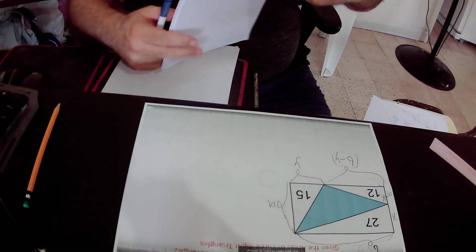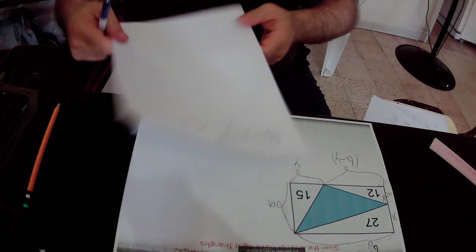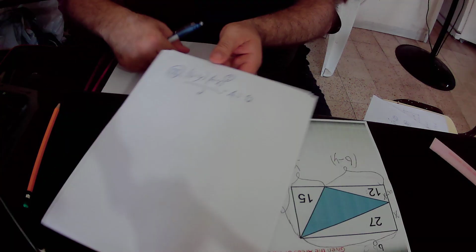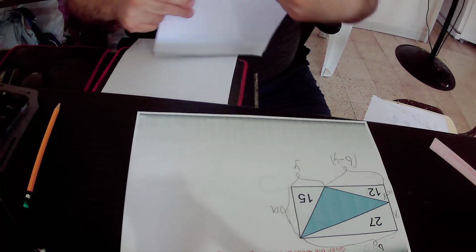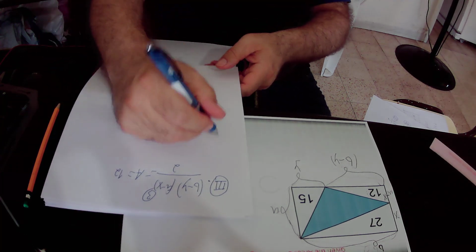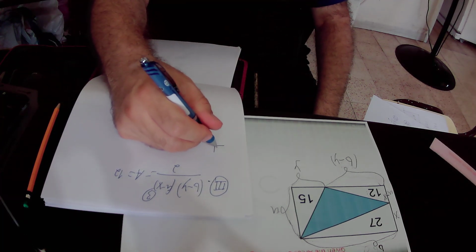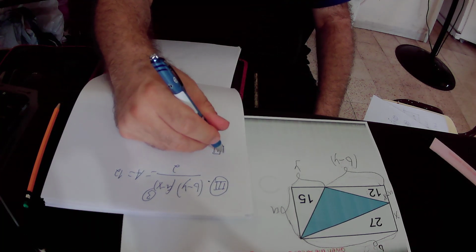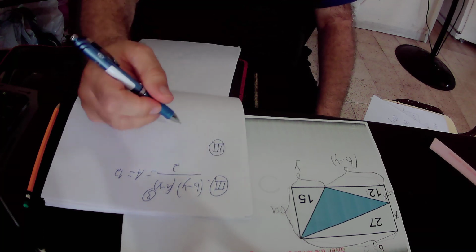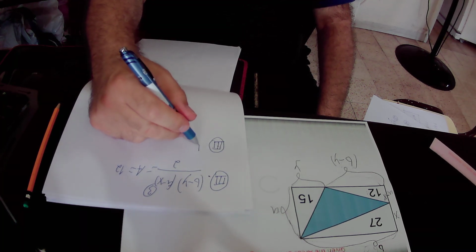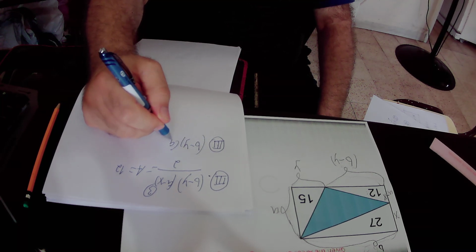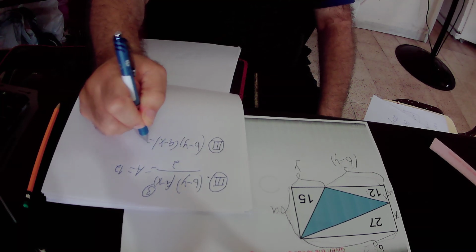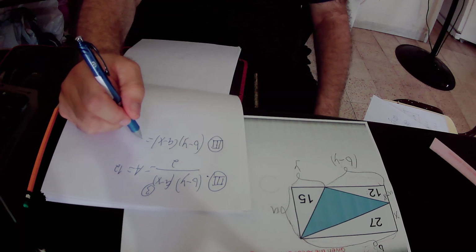Okay, so we can multiply both sides of the equation by 2, and we will get that b minus y times a minus x equals 12 times 2 is 24.